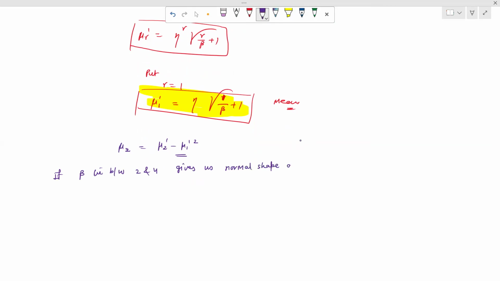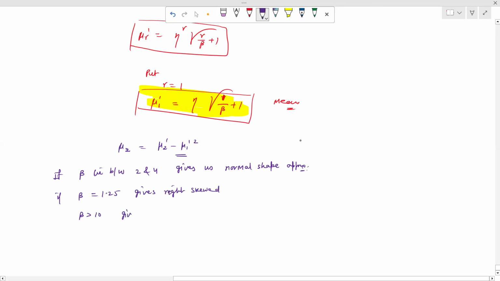If we take beta equal to 1.25, this gives a right skewed curve. And when we take beta greater than 10, this gives a left skewed curve.